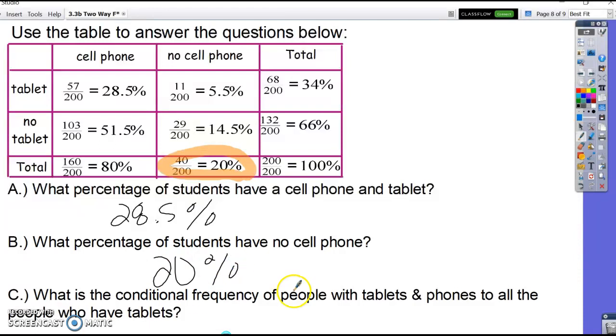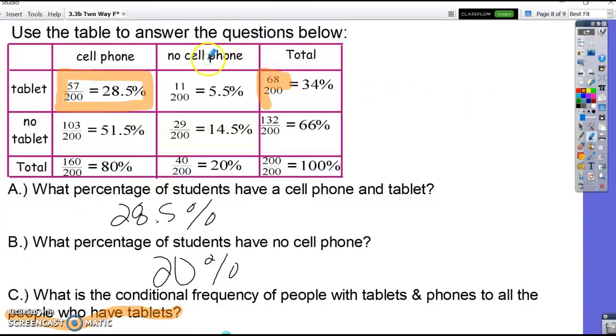Last but not least, the conditional frequency of people with tablets and phones to people who have tablets. So we are looking at the conditional frequency of people who have tablets and phones. So we're looking at this section where they have a tablet and a cell phone, and we're basing that off all the people who have a tablet. So here's all the people who have a tablet.